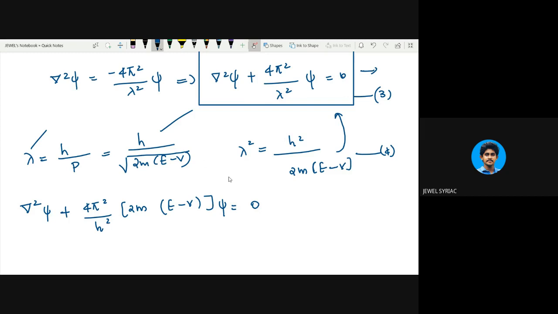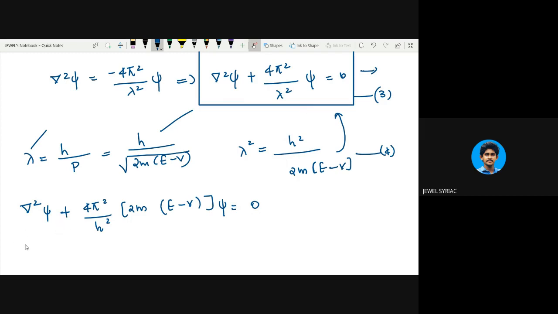Here in the denominator we have h square, then 2m into E minus V is the denominator of the denominator. That means here we have h square by 2m into E minus V. So 2m into E minus V will go to the numerator part, and we can write del square psi plus 4 pi square 2m into E minus V by h square into psi. So when we substitute this expression for lambda square in our wave equation, our expression becomes like this.